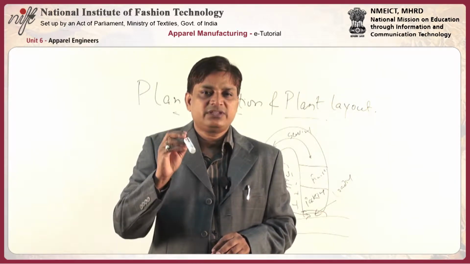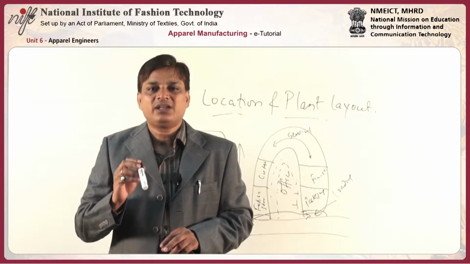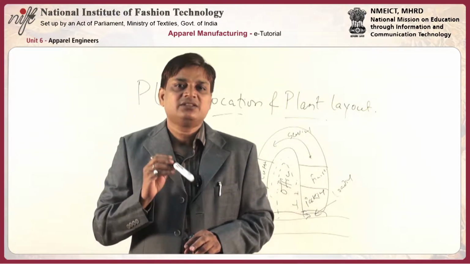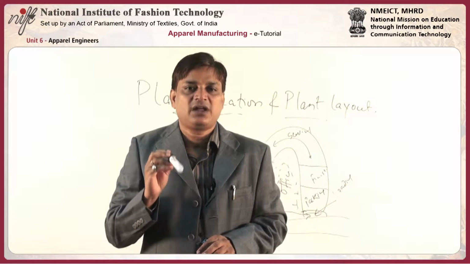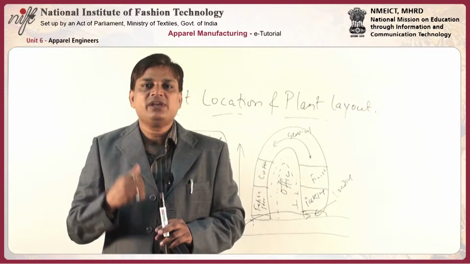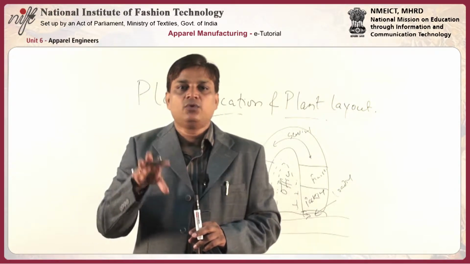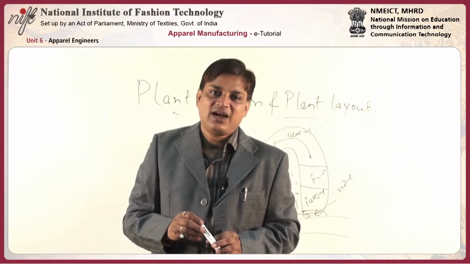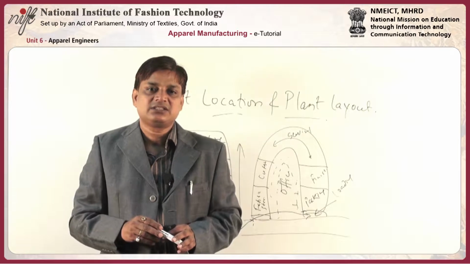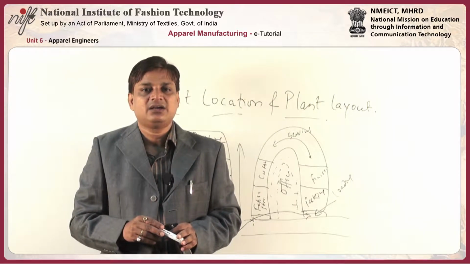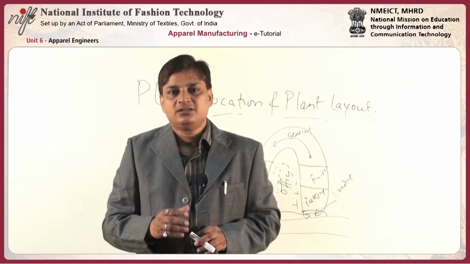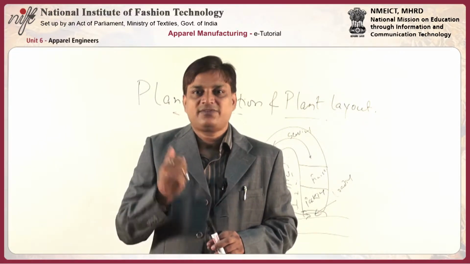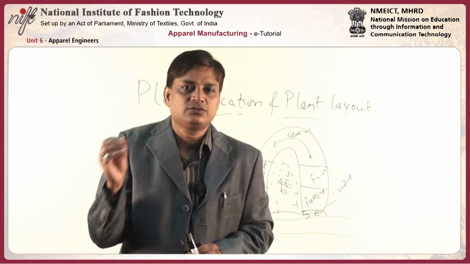Now next we'll discuss the factors which affect the factory location or plant location. Why are we choosing any particular location? The first factor affecting the plant location is nearness to the raw material.